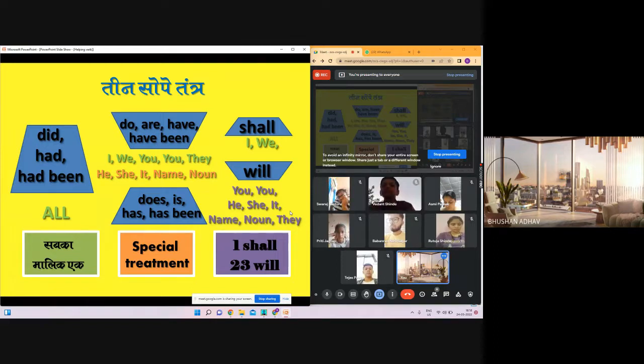Here we have to divide into two parts. I, we, you, they get a normal treatment, and he, she, it, name, noun, all five are in one box, in one square.